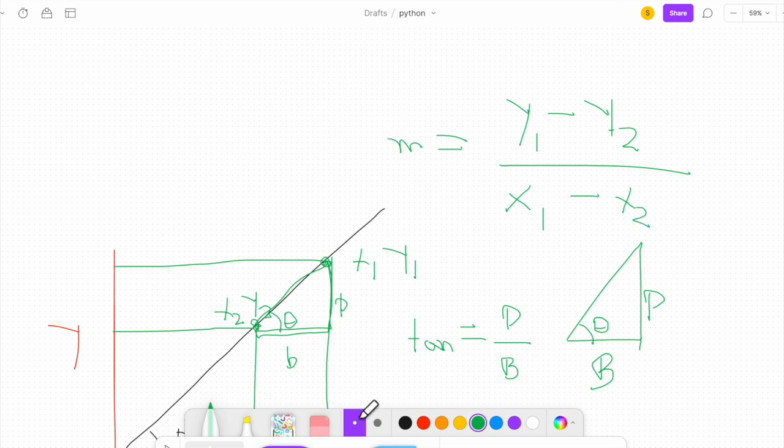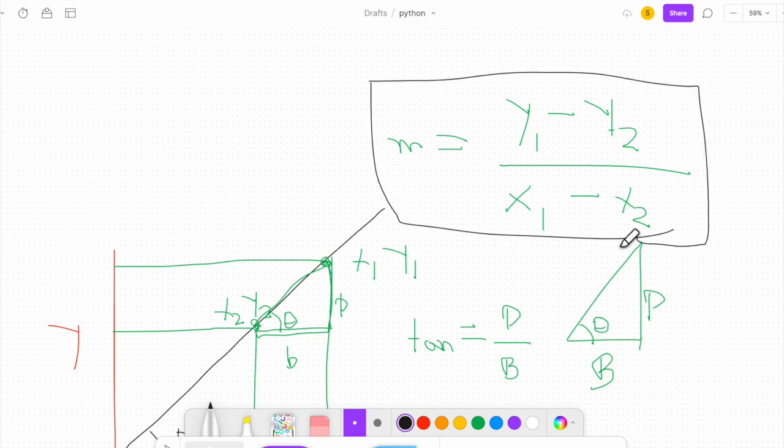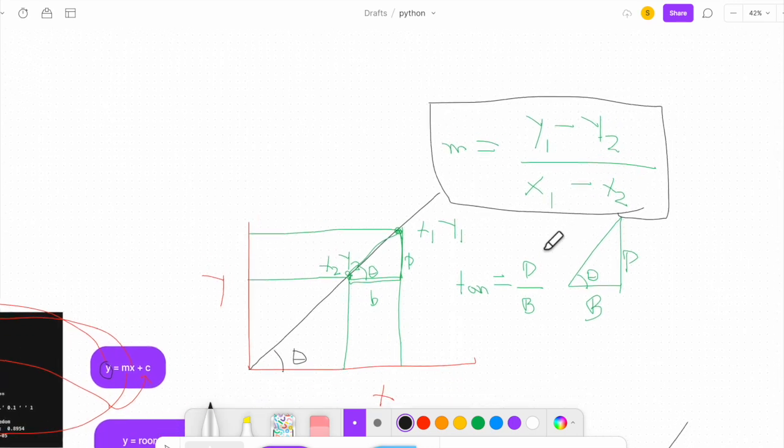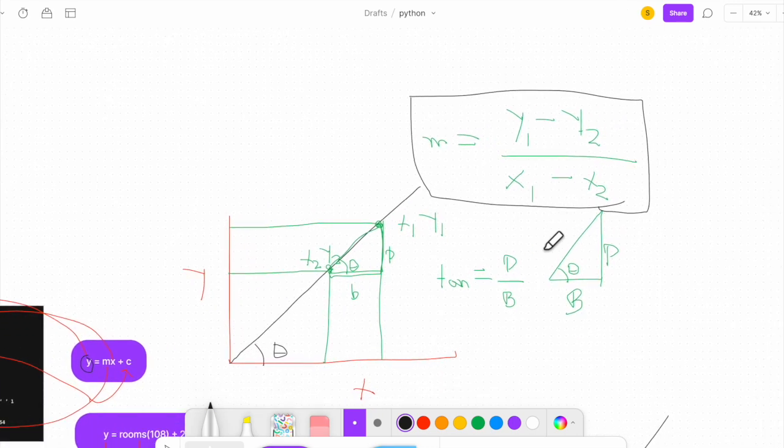This equation what we see here is the slope of a line. So mathematically, if you have to decipher the content of linear regression, what actually slope is, this is what it is in a more detailed and more precise way.